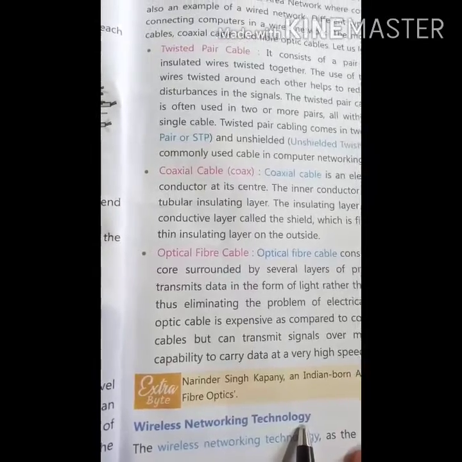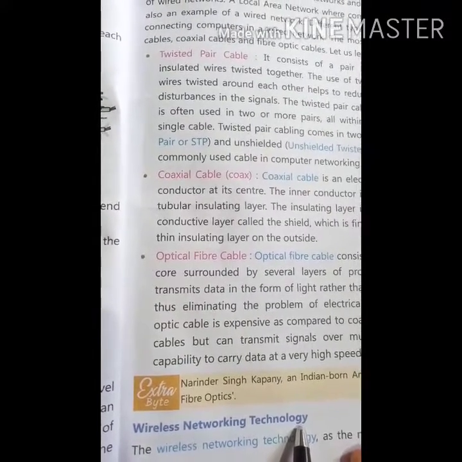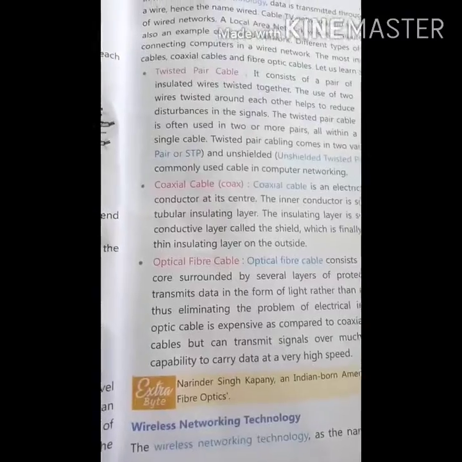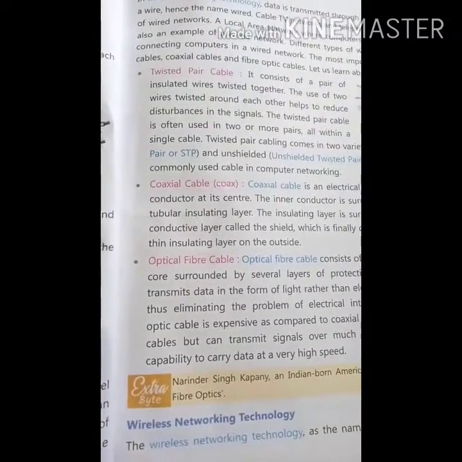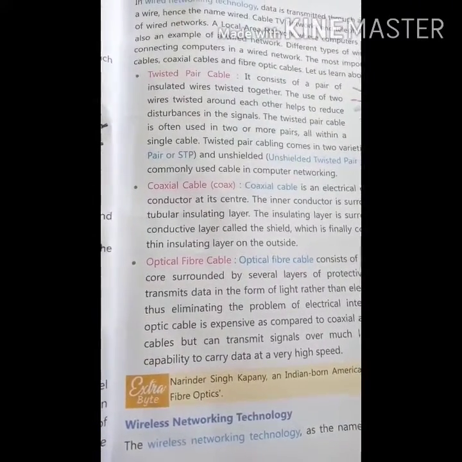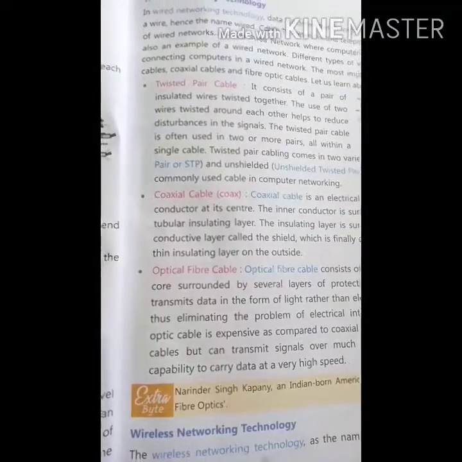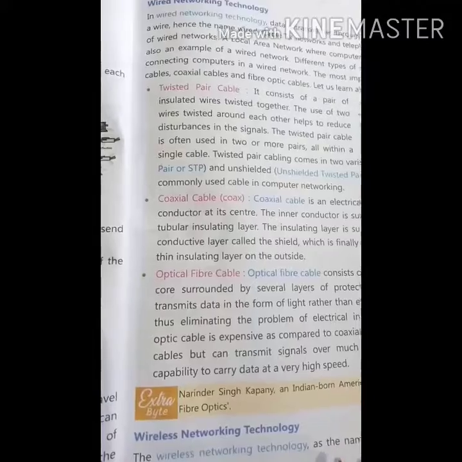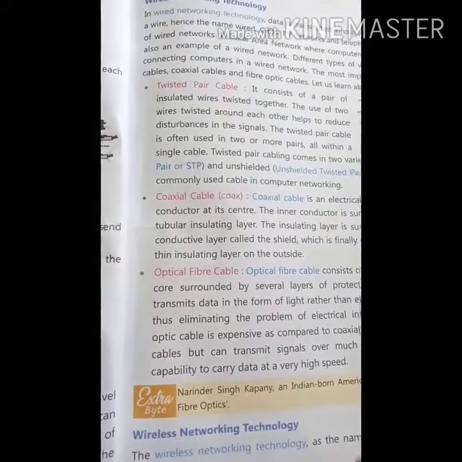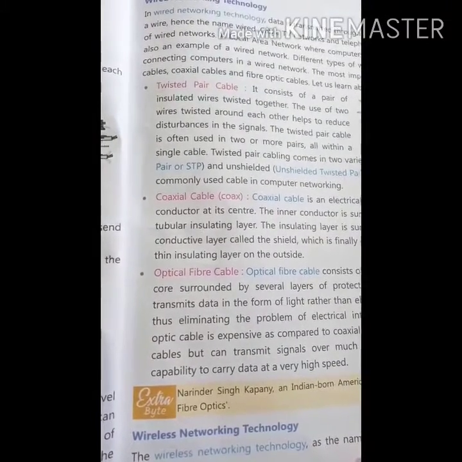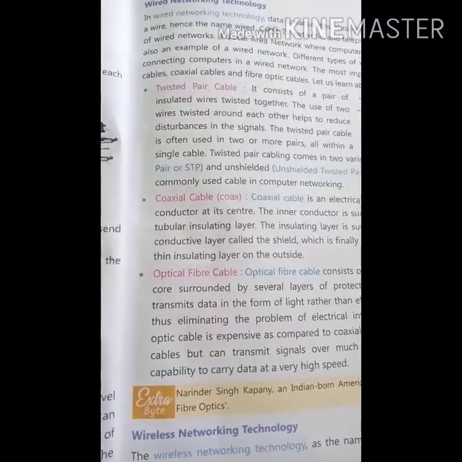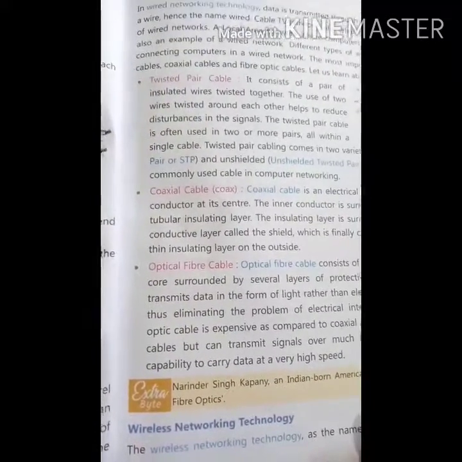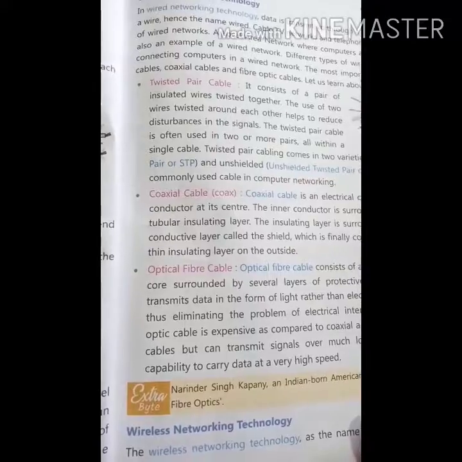In wired networking technology, I have told you these three wire types we use to establish a local area network. But these days technology has changed. We use, instead of wires, a wireless method to establish LAN. So we do not need wire.